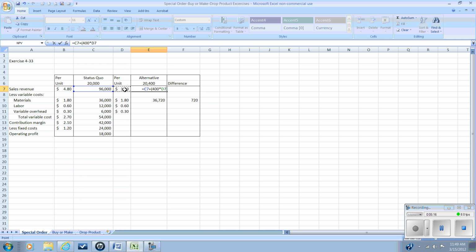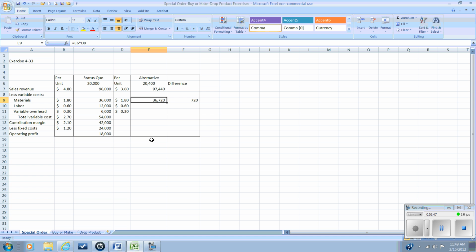And since those additional units are being sold at an amount lower, we can't just multiply 20,400 by 3.6. We're only selling 400 units at $3.60. 20,000 units are being sold at $4.80. So our revenue is going to be 97,440.